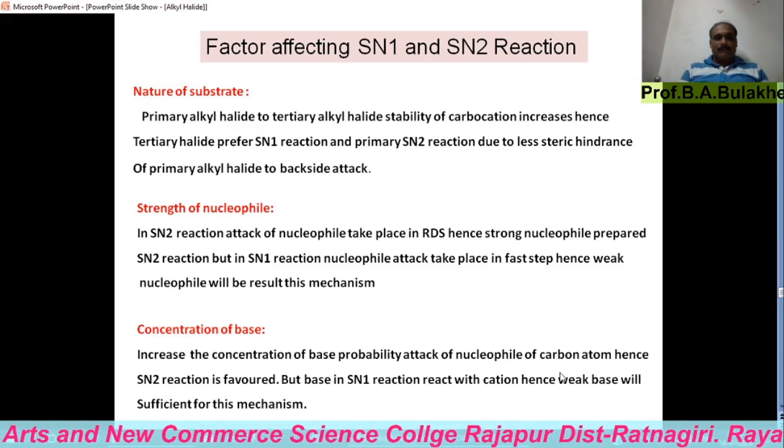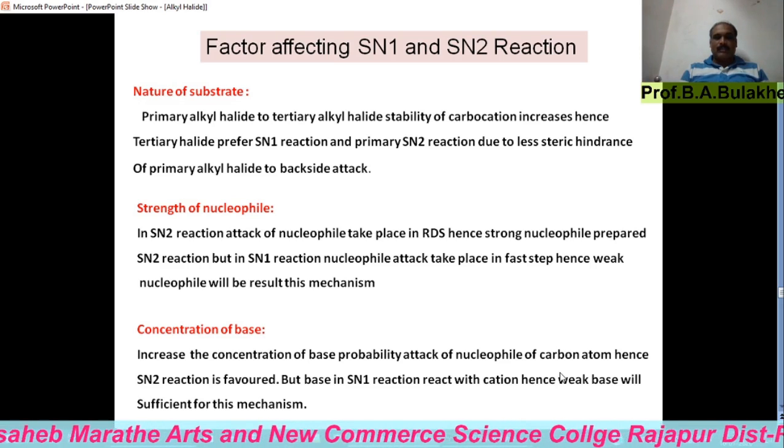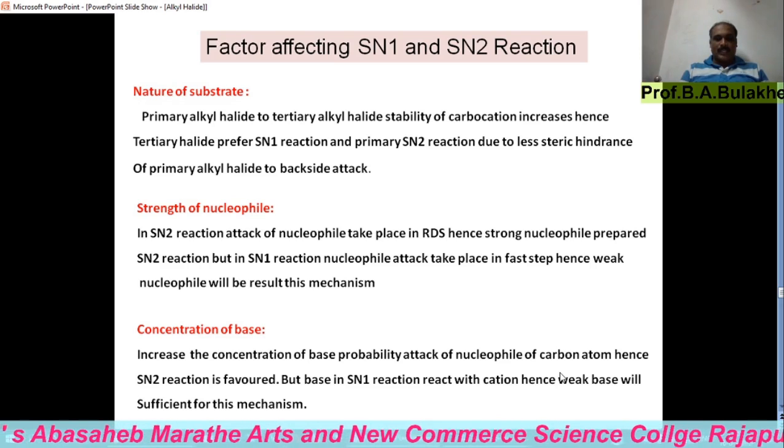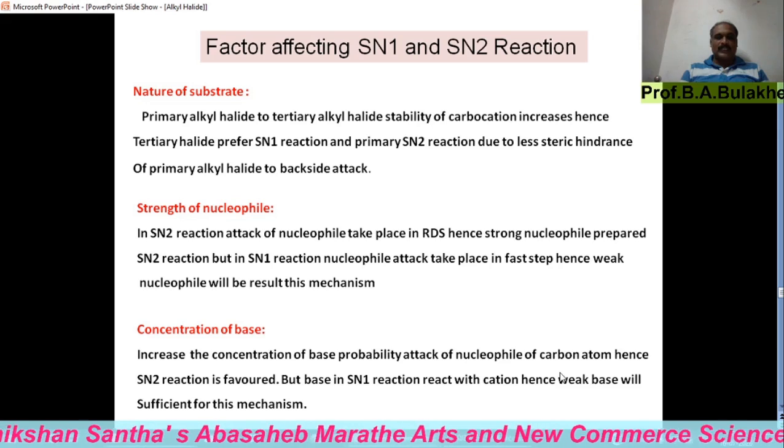But in SN1 reaction, the base does not affect the rate of reaction; even a weak base is sufficient for this type of mechanism.